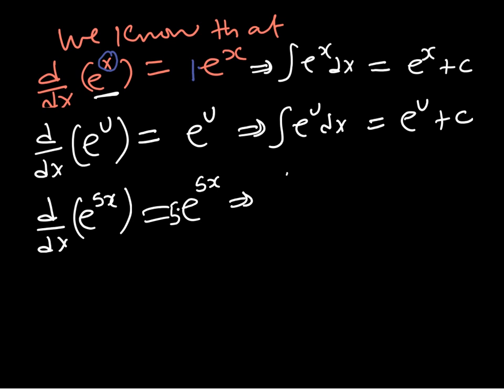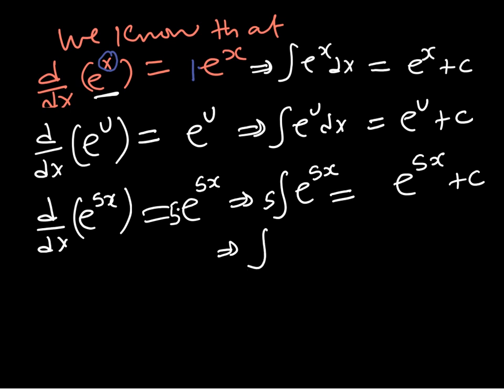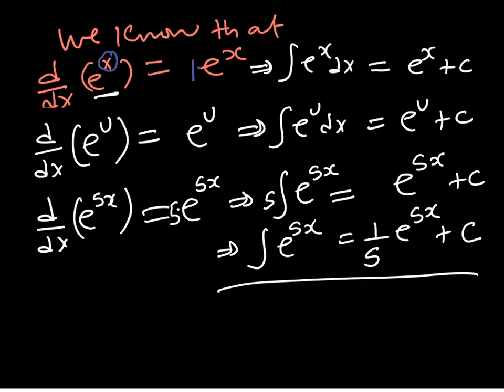So what does it mean if I'm to integrate e to power 5x? Let me first put a 5 here, to cater for this 5, and this is going to be e to power 5x plus c. The next step, divide through by 5: it is 1 over 5 of e to power 5x plus c over 5, but still that is a constant. So that's the relevance of using u at this stage.